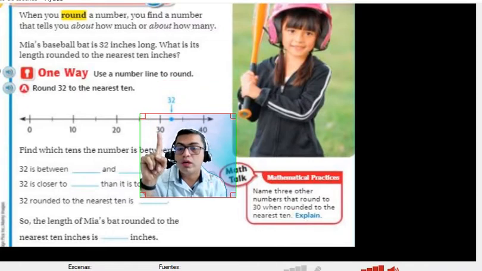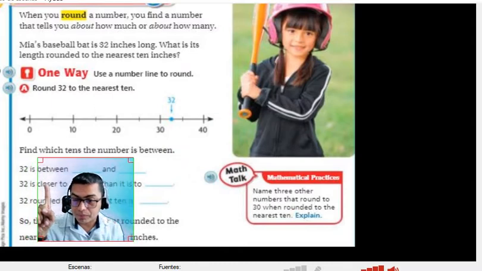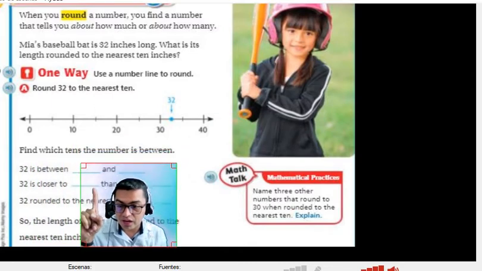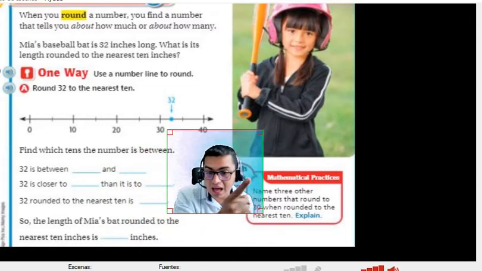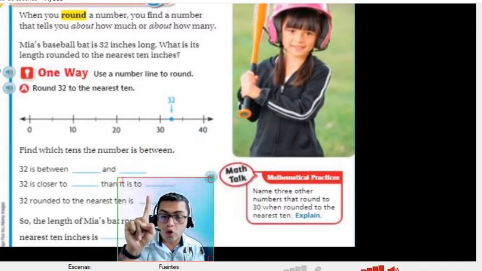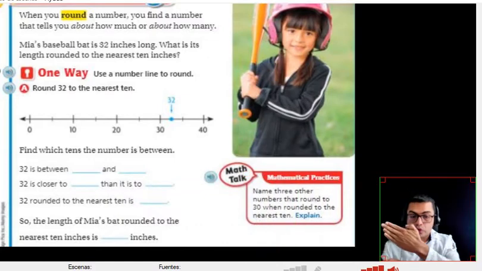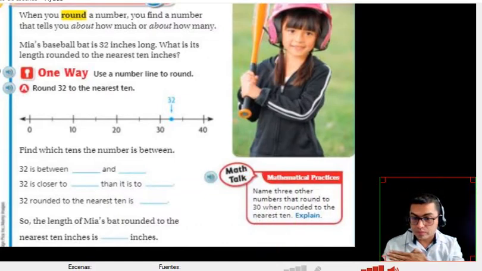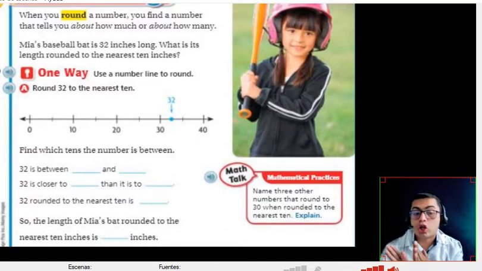So, 32 is closer to 30 than it is to 40, de lo que está a 40. ¿Ok? También está cerca al 40, pero está más closer to 30.